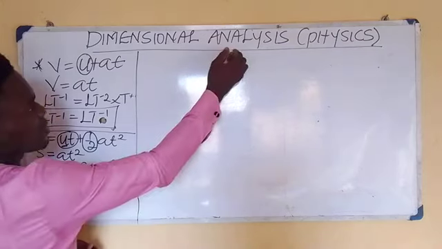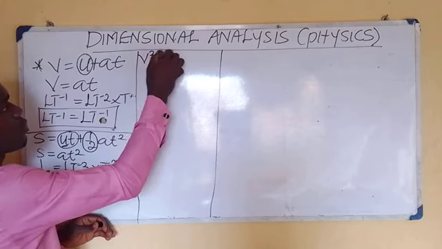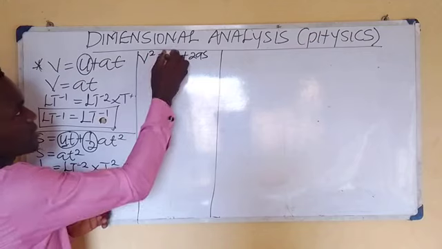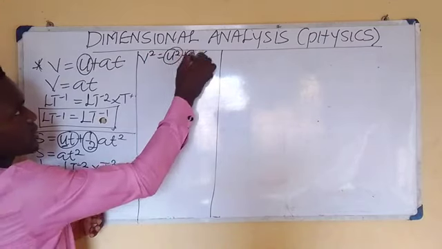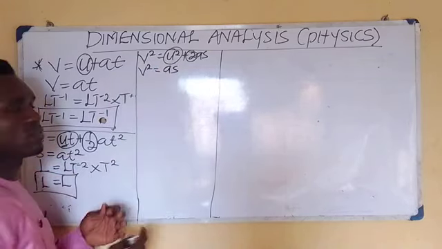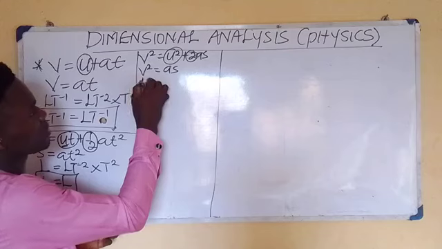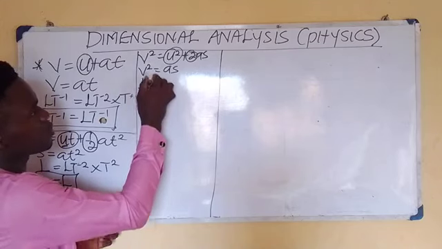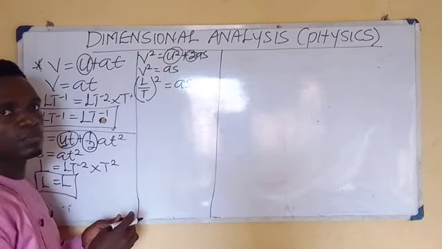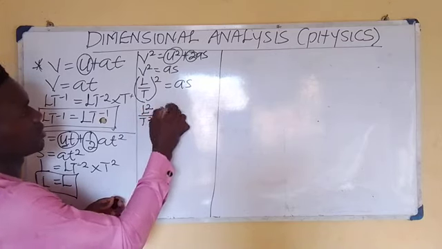Now let's check the third equation of motion. The third equation of motion is V squared equals U squared plus 2AS. Don't forget that u is 0 and we're also neglecting the 2, so I'll now be having V squared equals AS. Very easy. Velocity is change in displacement or distance with respect to time, raised to power 2, and that equals AS. So I'll now be having L squared over T squared.